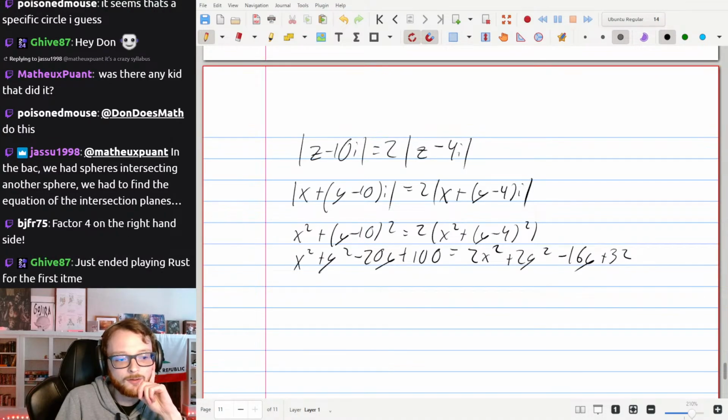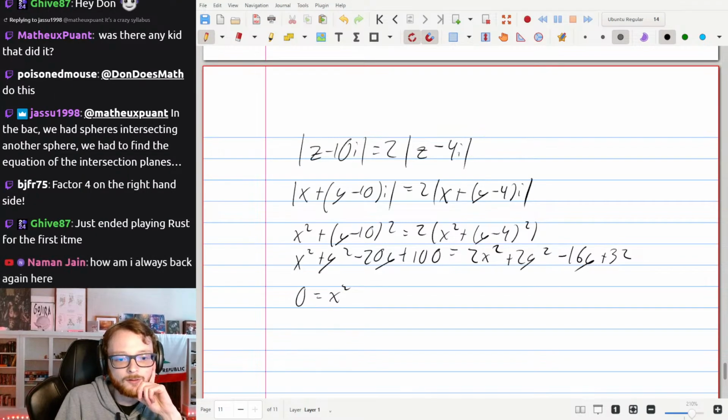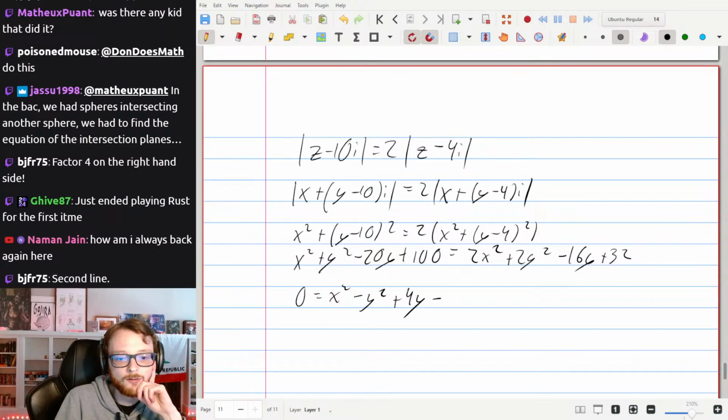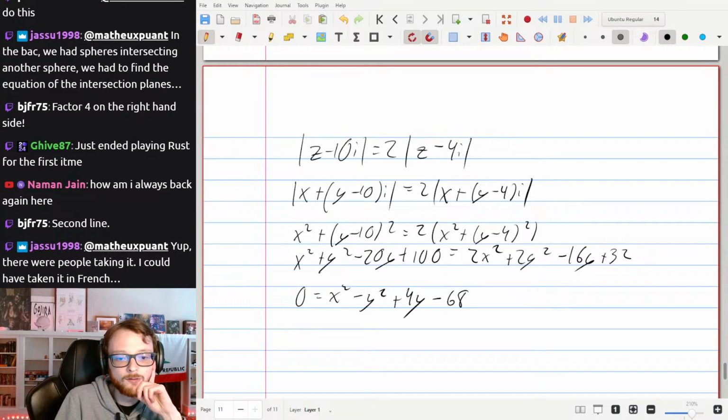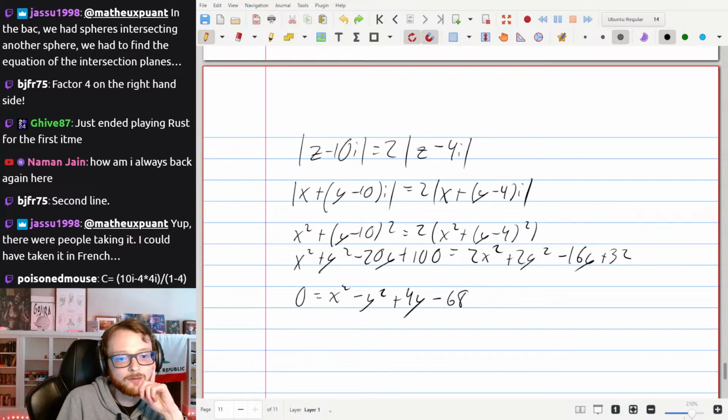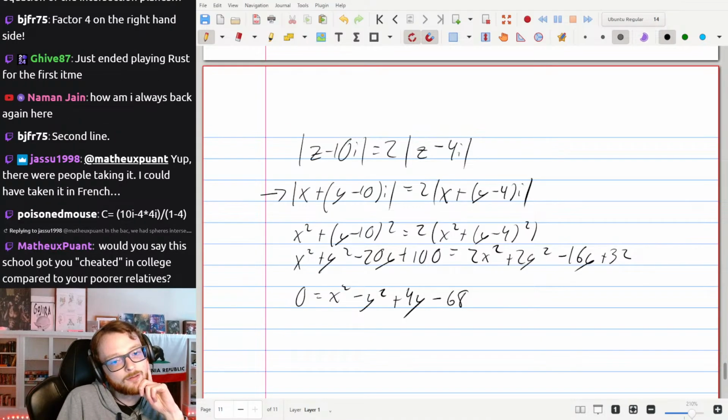Where? I don't see where. I'm going to subtract things over to the other side, though. Second line. A 4? I don't see a 4 there.